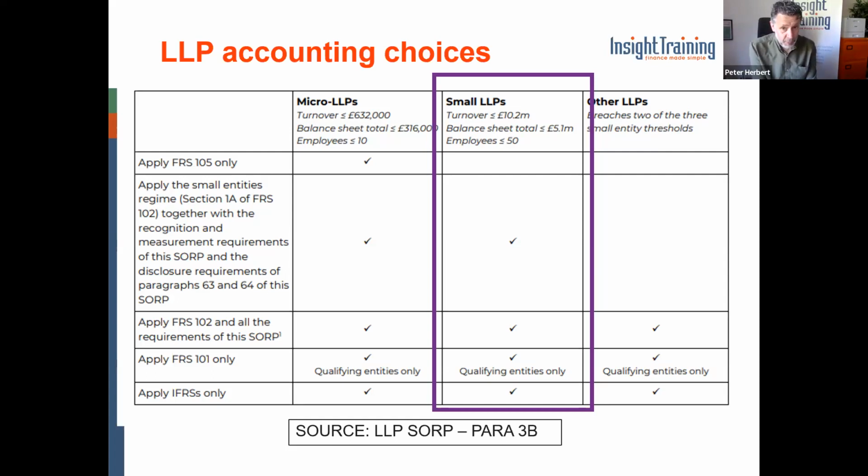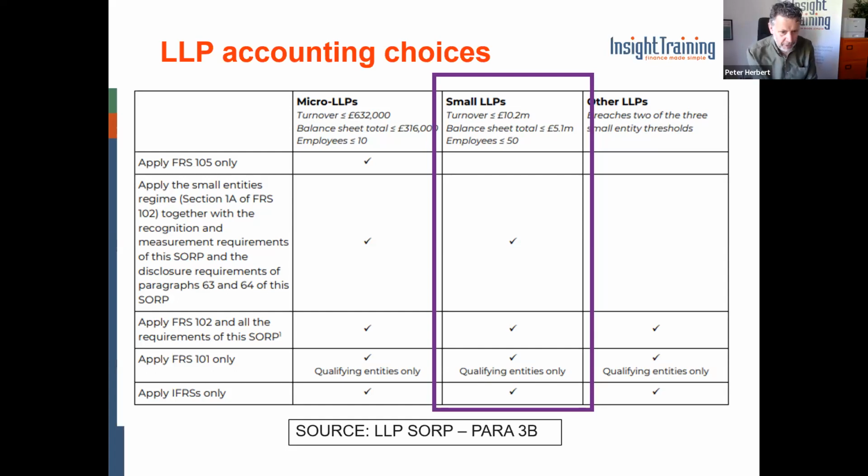It could apply FRS 102 in full, as you would for a medium or large LLP, or it could apply 1A, and many LLPs that we come across are small and do indeed apply 1A. And in addition, would need to embrace specifically the disclosure requirements of paragraphs 63 and 64 of the LLP SORP.